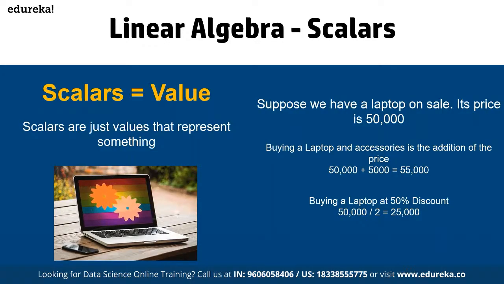So we can see a small example to help us understand better how this is a part of machine learning itself. Suppose a laptop costs around 50,000 and it is on sale for 50%. That means it is half the price and we calculate the price by dividing it by 2, correct? And if you want to buy the same laptop again, for example, if you're looking to buy 5 of these laptops, then we have to multiply the sum by 5, correct?